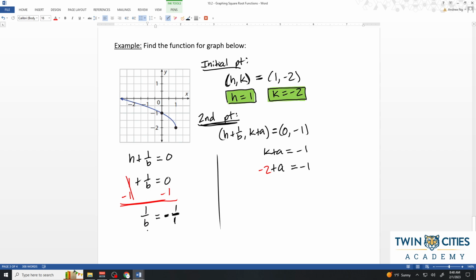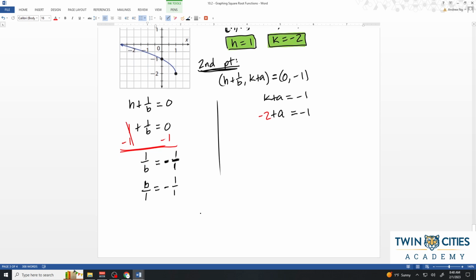Currently, I've got 1 over b, so I'm going to take the reciprocal of the left side and make it b over 1. Flip that upside down, b over 1 is equal to -1, and then flip this upside down, it'll still be 1 over 1. Or in other words, b over 1 is b, equals negative 1. Okay, let's highlight that again so we don't lose that.